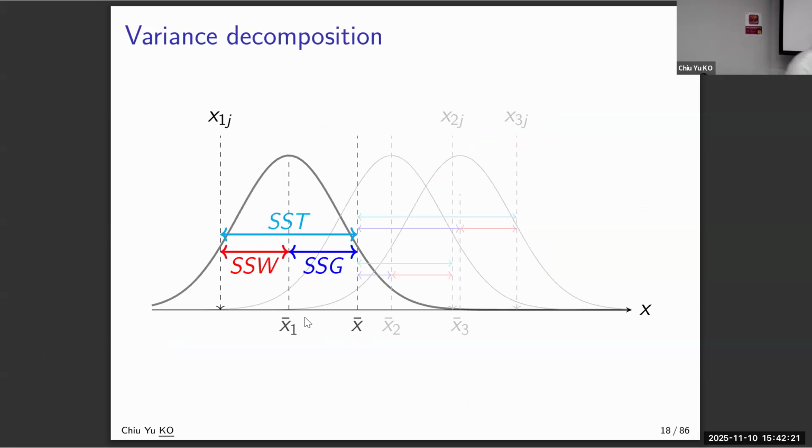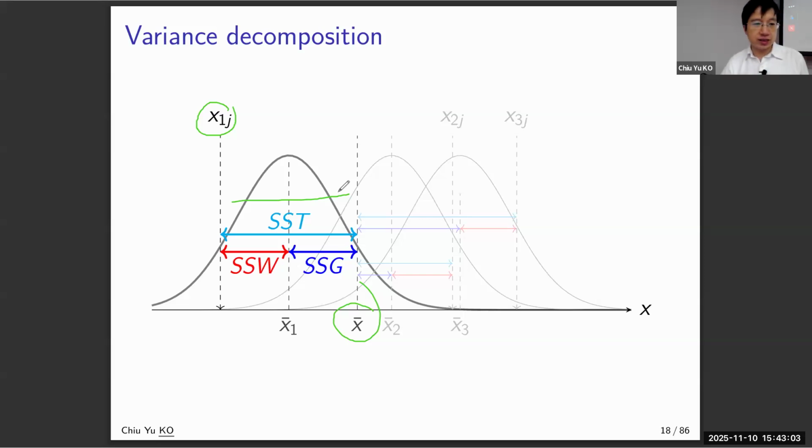You will see why the blue plus the red equals the green one. Look at a particular observation here, X_ij, and the distance from this observation to the overall mean. You square it for everyone. That is SST: the distance from one observation to the grand mean, squared for everyone and added up. Everything from the grand mean squared is the SST. This is a one-step approach, but you can do it in two steps.